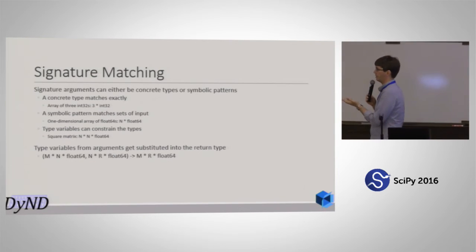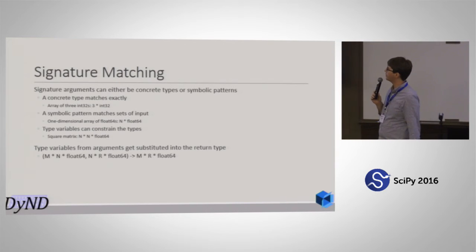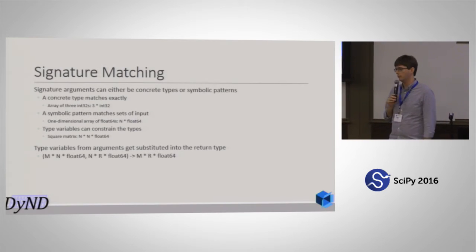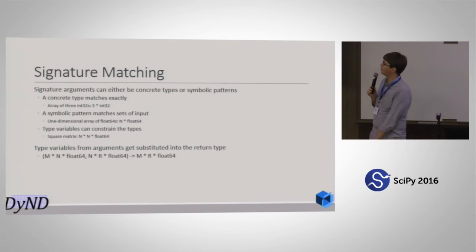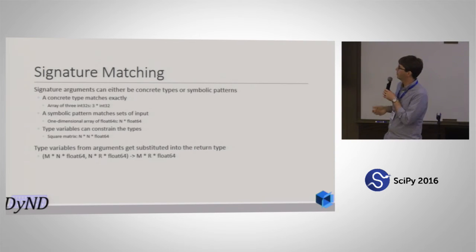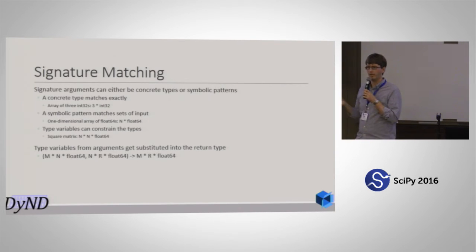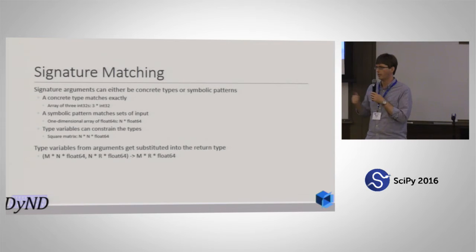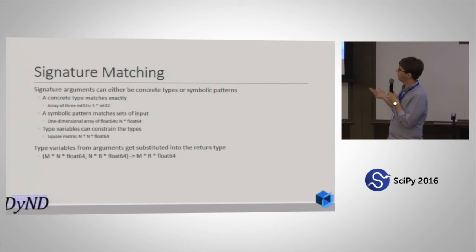So signature matching is the first step. And these arguments will either be concrete or they can be symbolic. So concrete types will just match exactly. It's like accept or reject. If you have a symbolic pattern, you might say an array of n 64-bit floats.